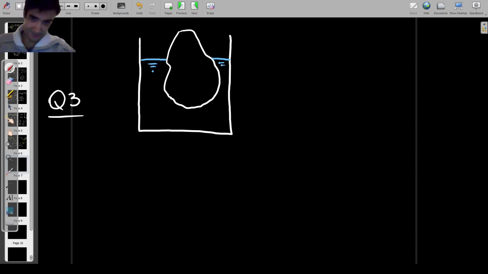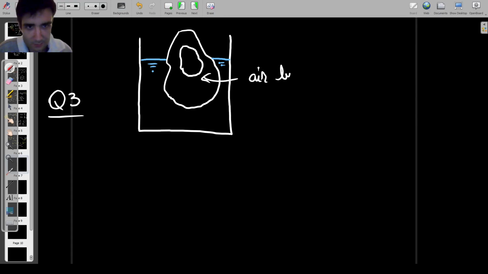We've got an ice chunk sitting inside the glass, and the glass is filled with water up to a certain level. Now, the question is, what happens to the water level after the ice melts? But there's a twist. The twist is, within the ice chunk, there's an air bubble. So this here is an air bubble. Okay, so what happens to the water level after the ice melts?